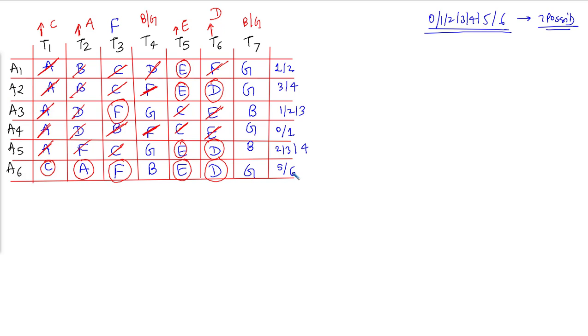So now how can we solve this further? Which can have 5 answers correct? Only agent 6 can have 5 answers correct, or 6 answers correct.